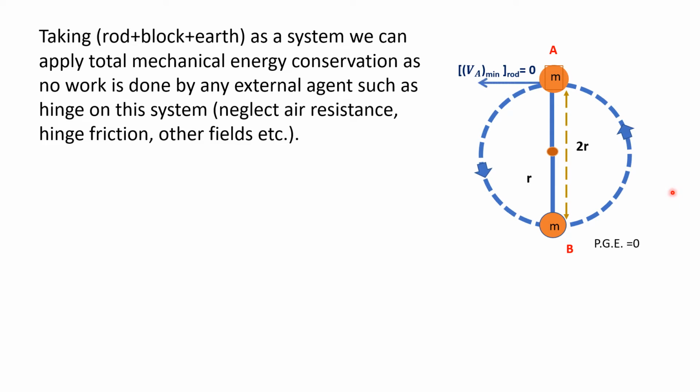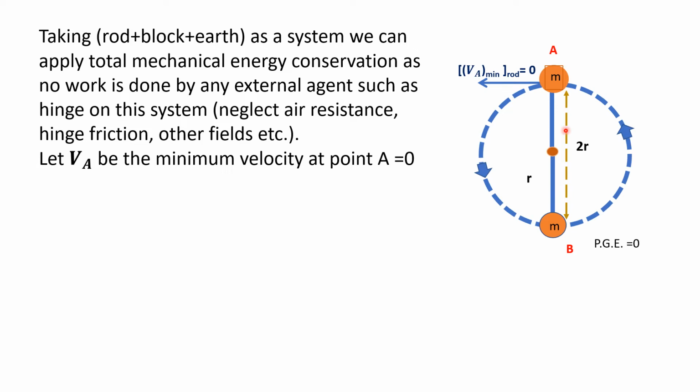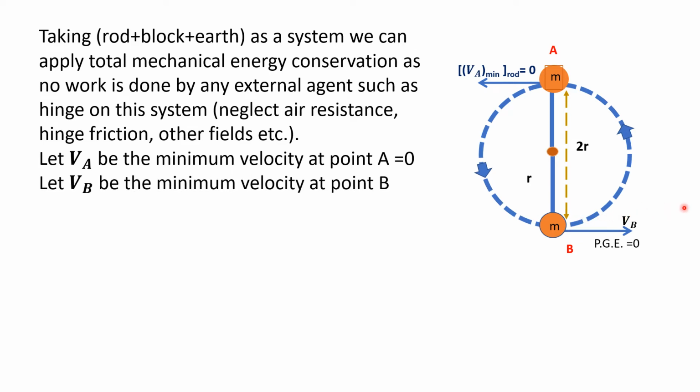We have only considered that this system is performing a vertical circular motion without any resistance. Let VA be the minimum velocity at the uppermost position A, and that is always 0 in the case of a rod. Let VB be the velocity at point B.